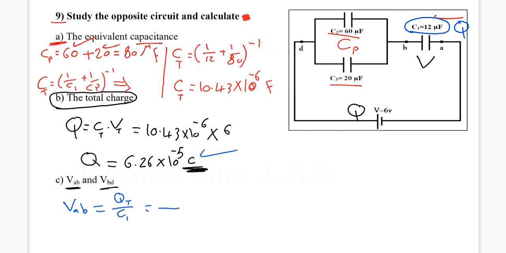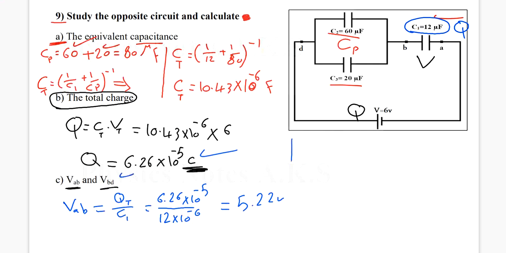So it's going to be 6.26 multiplied by 10 to the power -5 over the C1, which is 12 multiplied by 10 to the power -6, and this will give me 5.22 volt. This is the voltage VAB. Good. Now they want VBD.